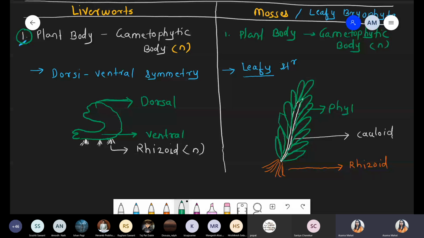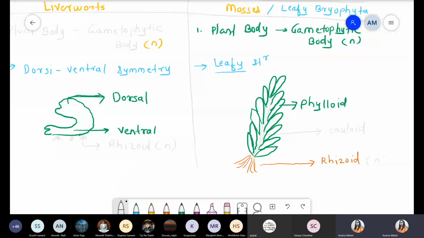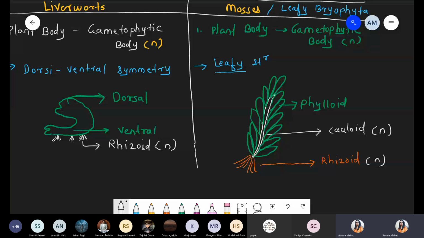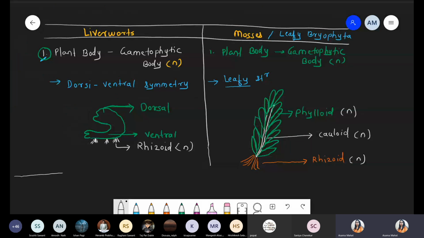Phylloid means leaf-like structure, caulid means stem-like structure, rhizoids means root-like structure. And what is the ploidy level? We are talking about the gametophytic body, so the ploidy level of this entire structure is haploid, haploid, haploid. That's it. So quickly cover this first point and then we continue with the next one.